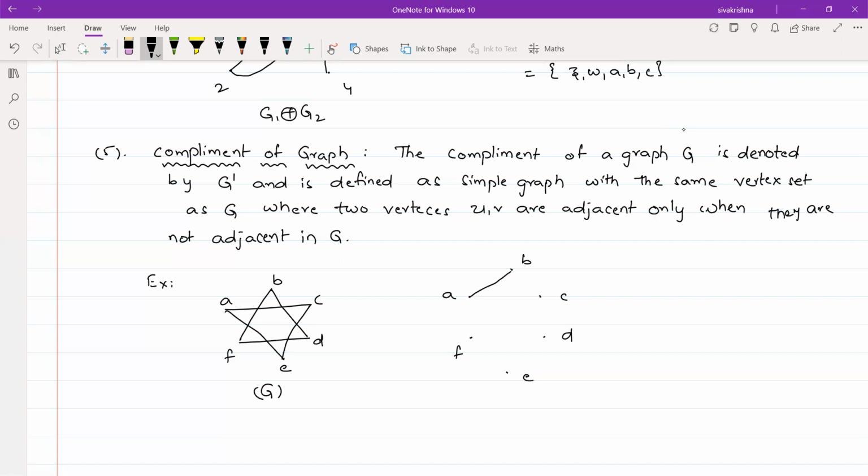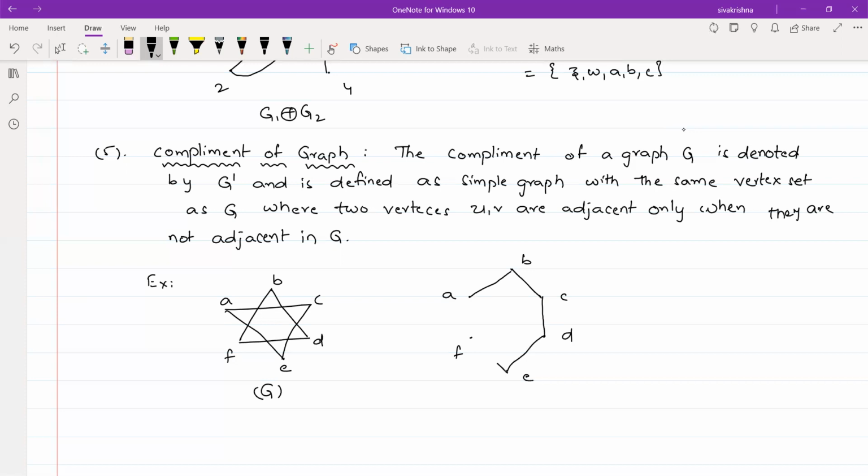Also we are not having an edge between B and C, so we have to draw an edge between B and C. Similarly, from C to D we are not having an edge in G, but we have to draw an edge in G dash. And from D to E we are not having an edge, but we have to draw an edge here.